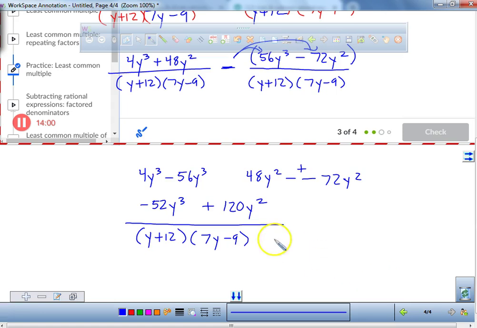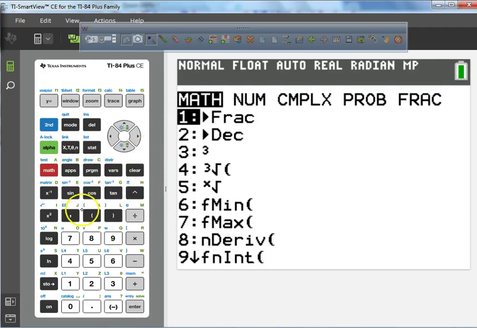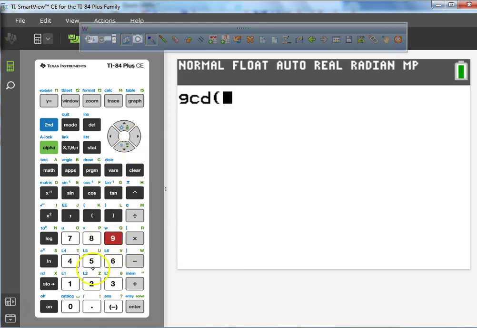So what we're going to try to figure out is if anything can be factored out of this. Right now, we're going to figure out the greatest common divisor of 52 and 120. So go over here, hit the math button, go to number 9, and type in 52 and 120.